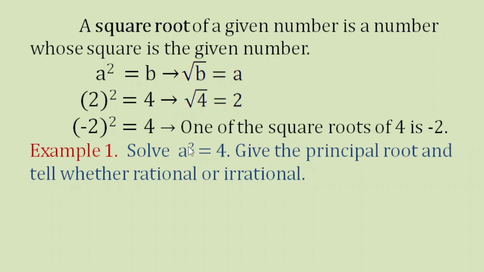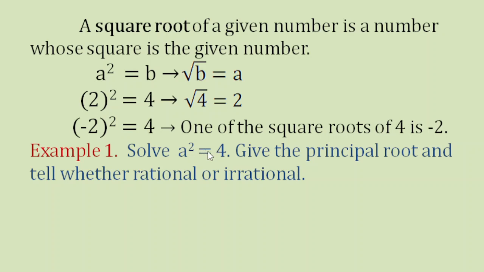Solve a squared equals 4. Give the principal root and tell whether rational or irrational. So when we solve a squared equals 4, we are going to find the values of a that will satisfy the equation. The first step is to find the square root of both sides.